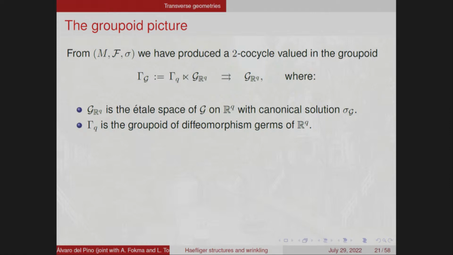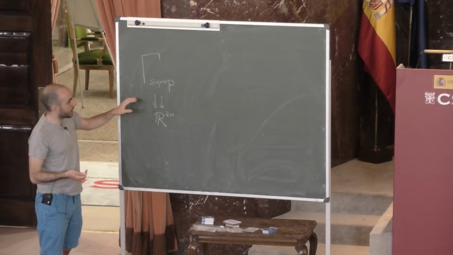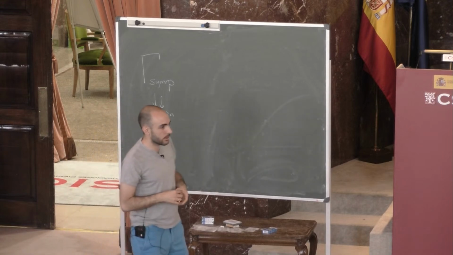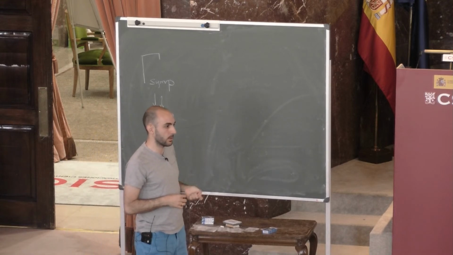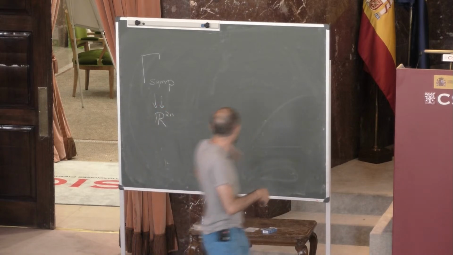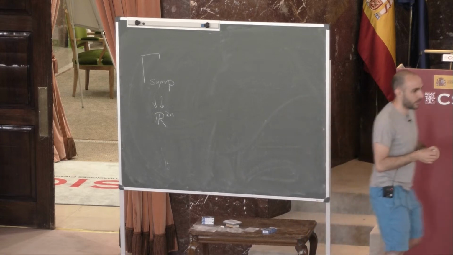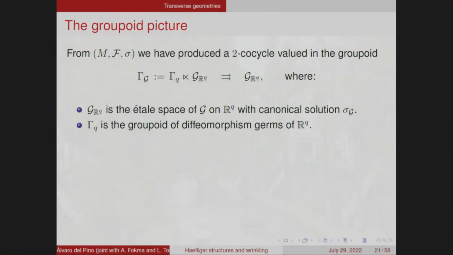And here you have a local model, because symplectic geometry has a local model, and then you look at the groupoid of automorphisms of this model. My claim is that what we're producing is not the same, but in the symplectic case, for instance, it's Morita equivalent to it. When you have a local model, you can mod out many of the things, and you will pass to this picture. Is that where it was going? I don't know. Well, you should complain more, Matthias, later, and then we can discuss.